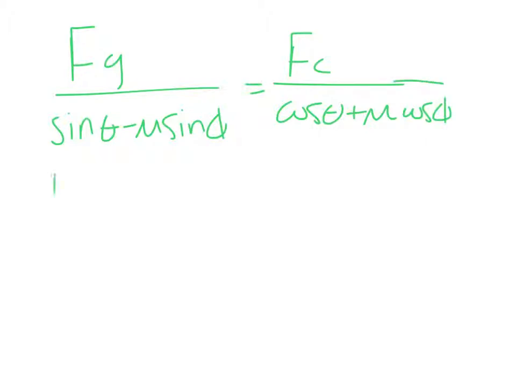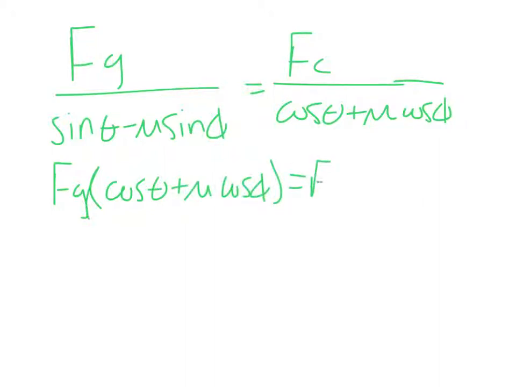Cross multiplying, Fg times cosine theta plus mu cosine phi equals Fc times sine theta minus mu sine phi. Getting those sines and cosines to the same side and breaking apart Fg and Fc.